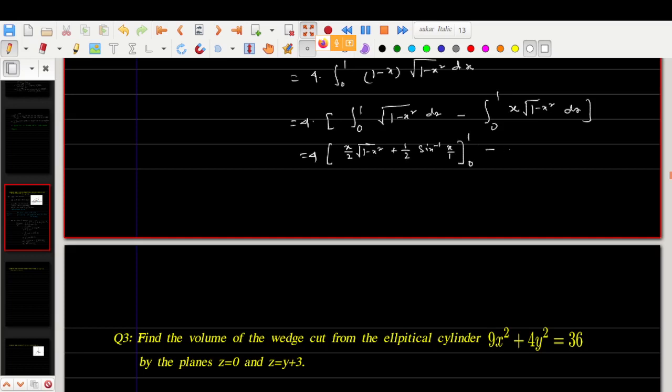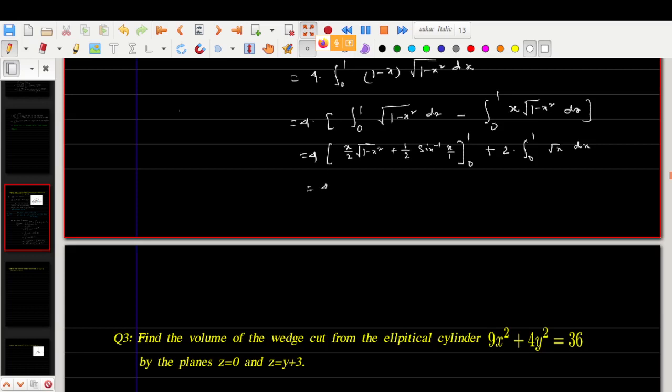And what is the integration then, 0 to 1, minus 4 times. If you take x square to be the change of variable z, then 2x dx will be dz. So in particular this will be 2 times the integration 0 to 1 of root z dz. Yes.